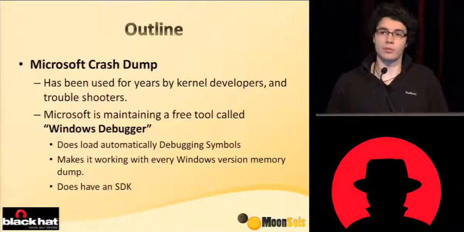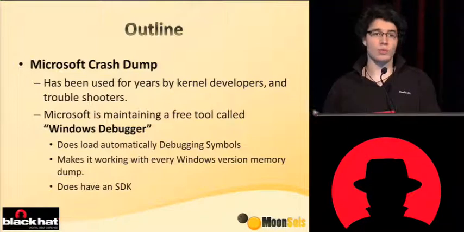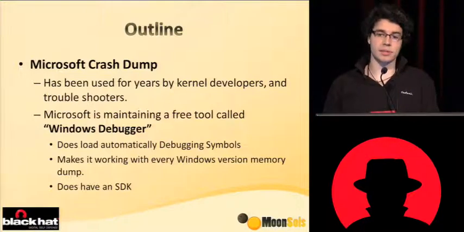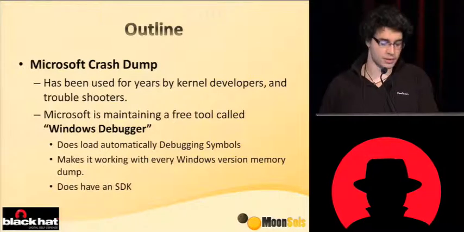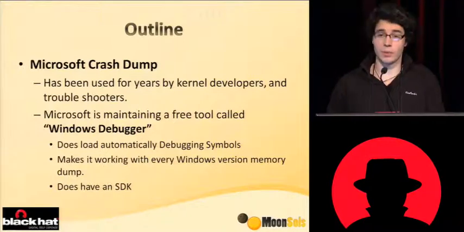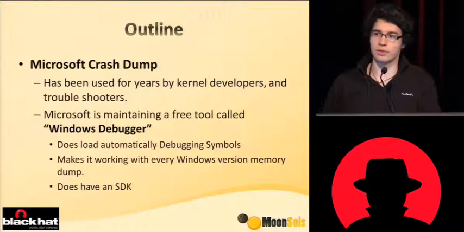You will be able to load this file in Windows Debugger. And Windows Debugger will be able to retrieve the symbols from the Microsoft server, so you will be able to do the analysis and you won't be stuck. So the symbols have a lot of advantages. And Windows Debugger does have a free SDK, so you can still develop your own plugins and everything.